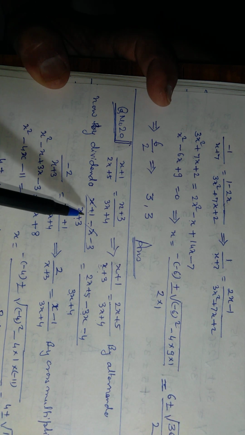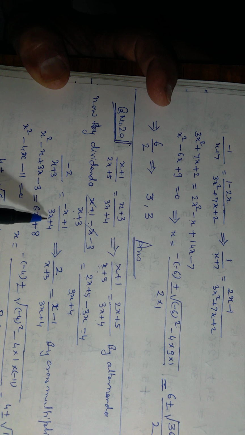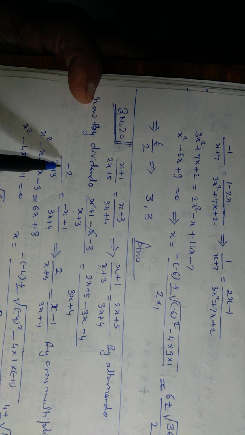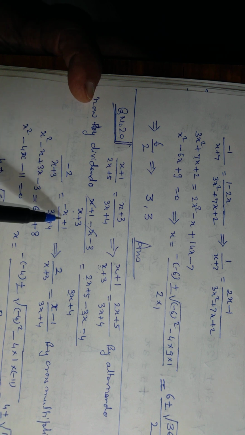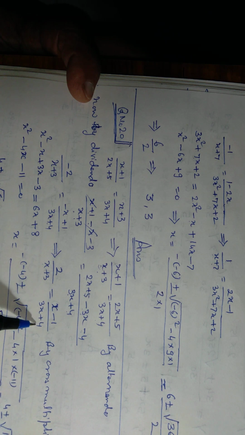Now, after solving, we will get minus 2 upon x plus 3 is equal to minus x plus 1 upon 3x plus 4. If we just multiply minus to the numerator this side and this minus 1 to the numerator of this part, it will be equal to 2 upon x plus 3 and x minus 1 upon 3x plus 4.